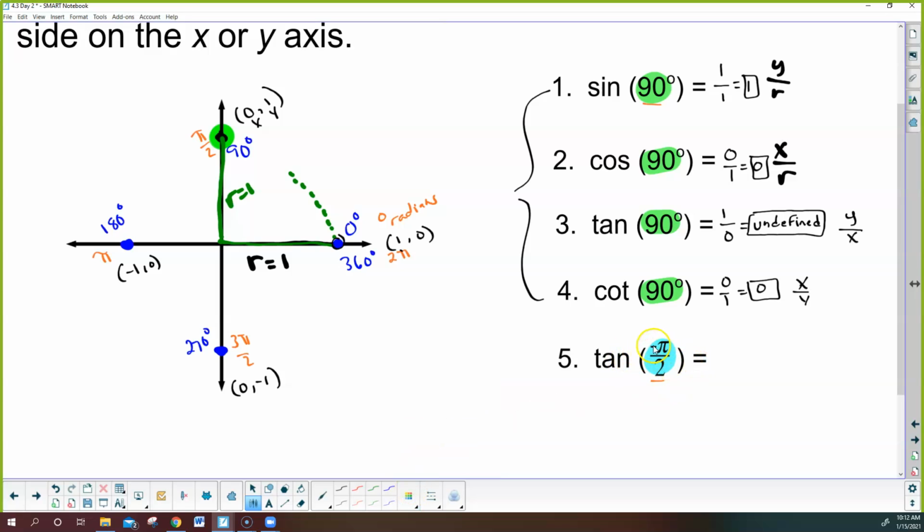So what is tangent of negative pi over 2? So negative refers to us going clockwise around the circle instead of counterclockwise. And we're going to go negative pi over 2, which, remember, that's the same as negative 90 degrees.